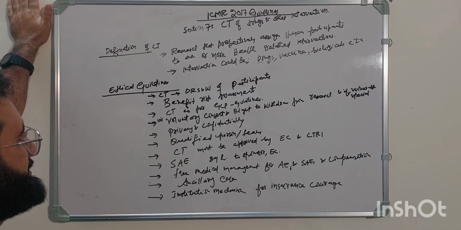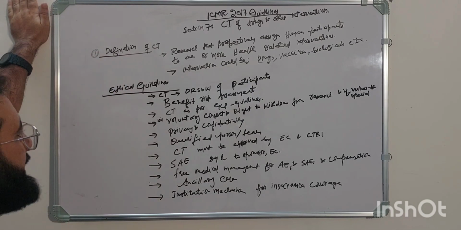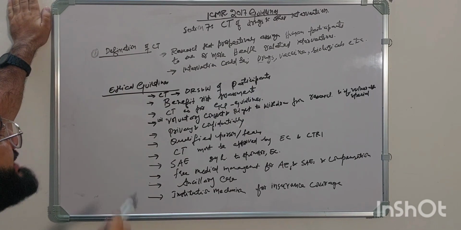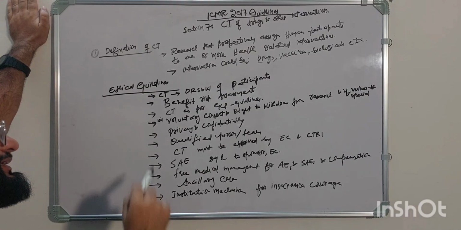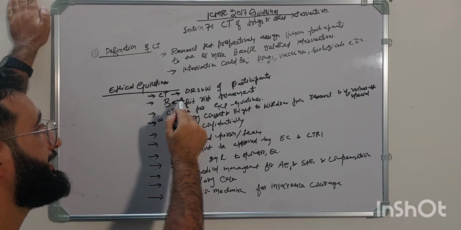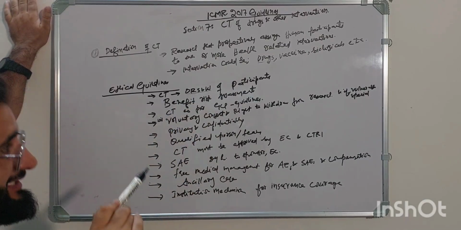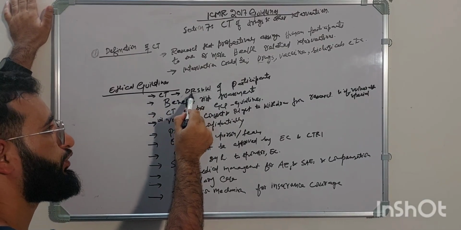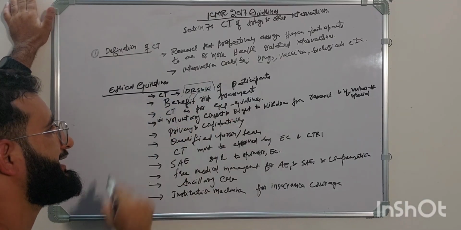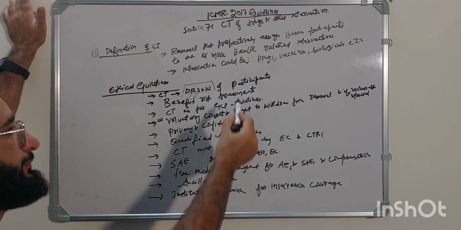The ethical guidelines to carry out clinical trials as per ICMR say the trial should be carried out in such a way that it ensures DRS and W. DRS means dignity, rights, safety, and well-being. You can remember this as a mnemonic, DRS and W: dignity, rights, safety, and well-being of the participants.